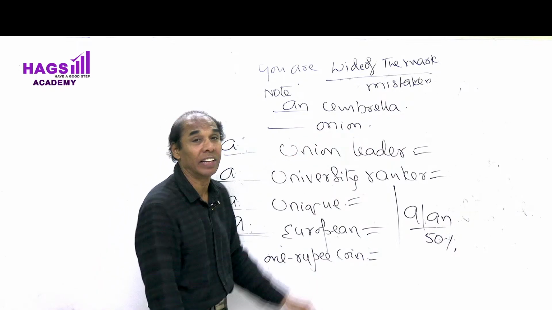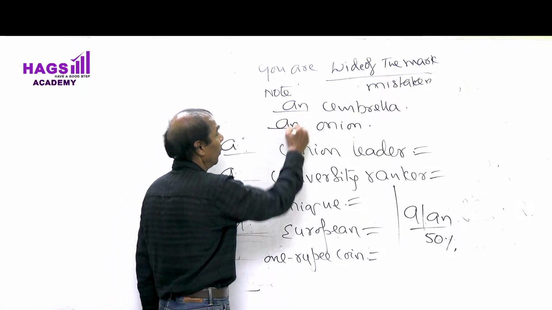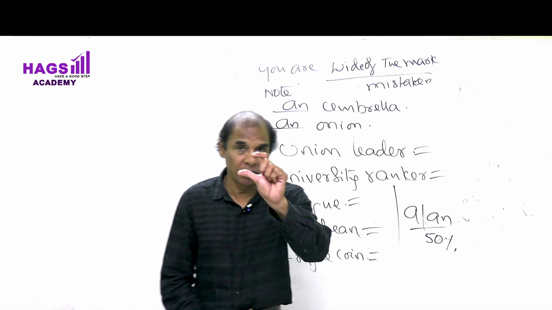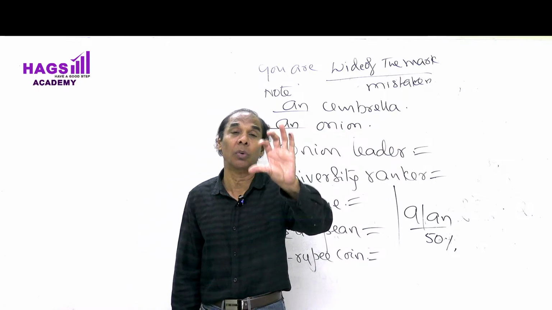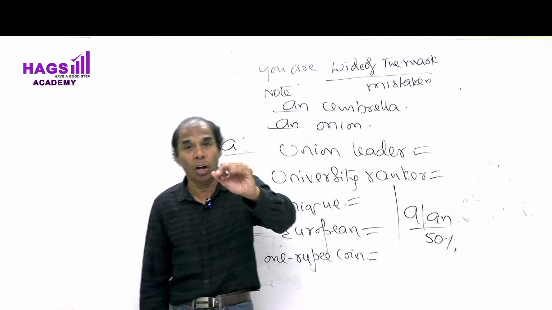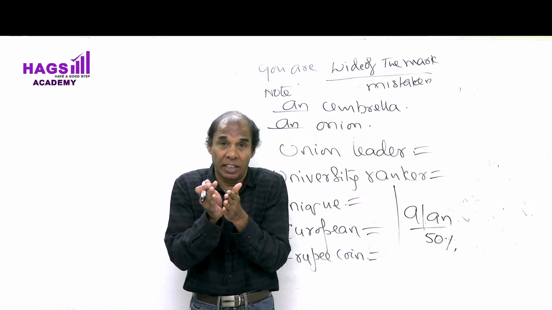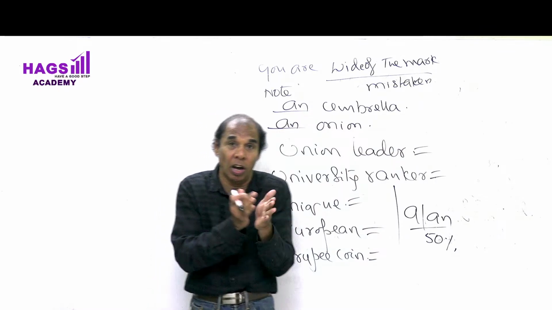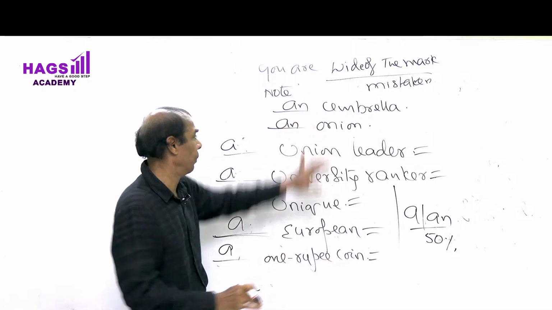Here we are not saying on-ion, we are saying wun. An onion. So my students, what is the logic you have to observe here? When the vowels give the sound like you, then only you use a. Except at the time of giving the sound like you, in all other cases, please use an. Okay? Note down.